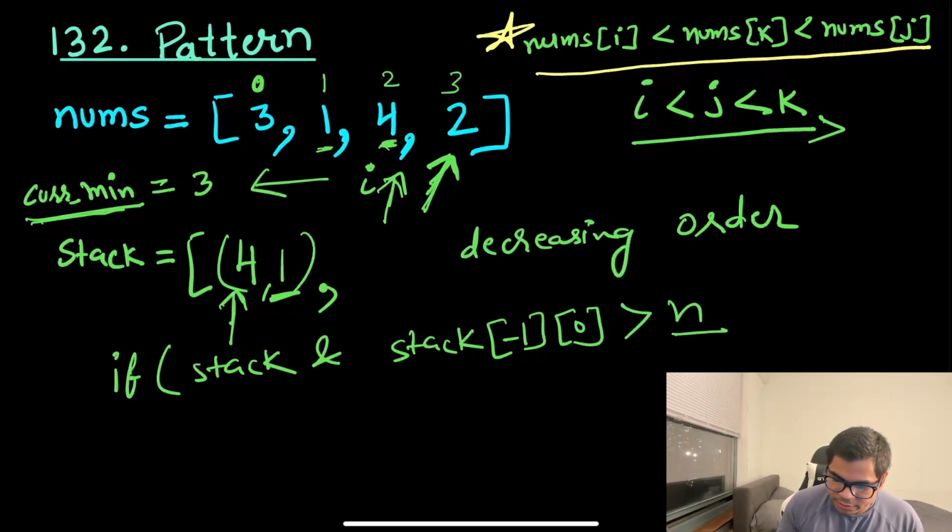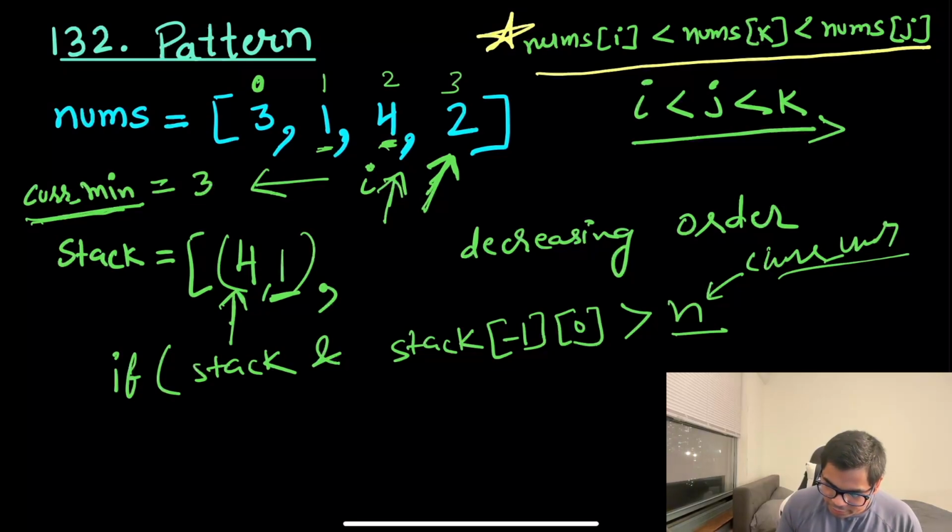Let's say n is pointing to the current number. If this is the case, then tell me, haven't we just found the 1 3 2 pattern? I think we did.